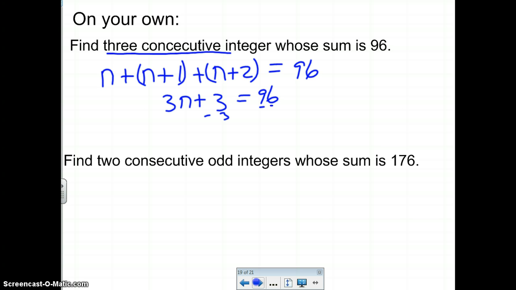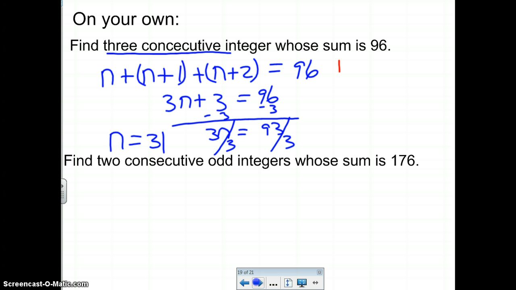Subtract 3, subtract 3. That leaves us with 3n equals 93. If we divide by 3, we get n equals 31. So n equals 31, n plus 1 will be 32, and n plus 2 equals 33.